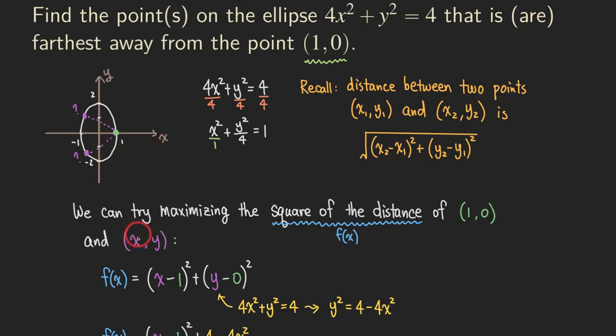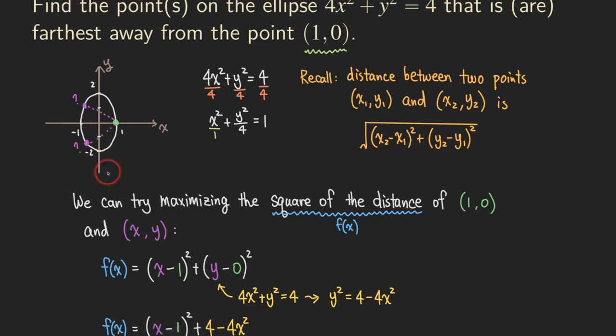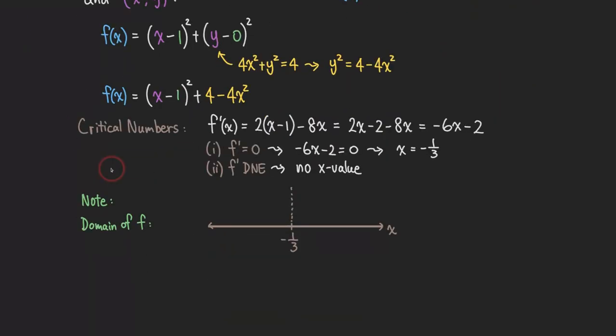Because we're really just finding the points that are on the ellipse. So if we're using x as the independent variable, we need to make sure that the point lies on the ellipse. And so that means we cannot have any x values greater than 1 or less than negative 1, right? So the domain is really just negative 1 to 1 for the function.